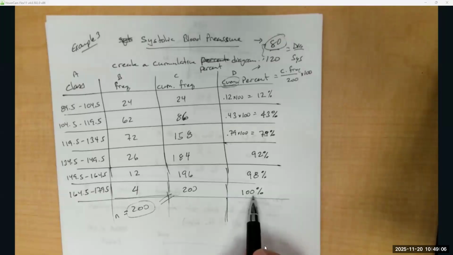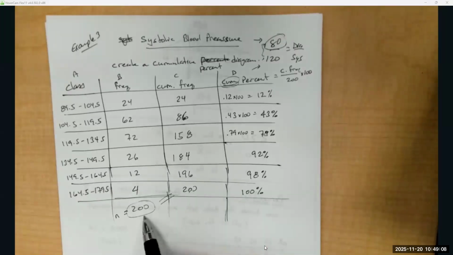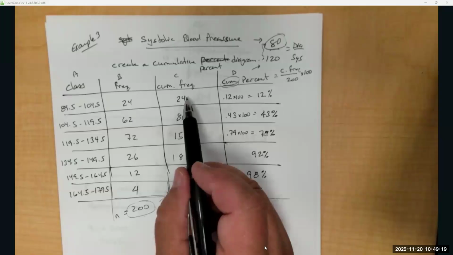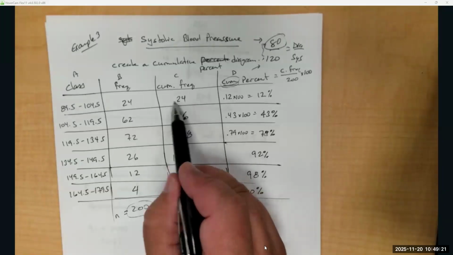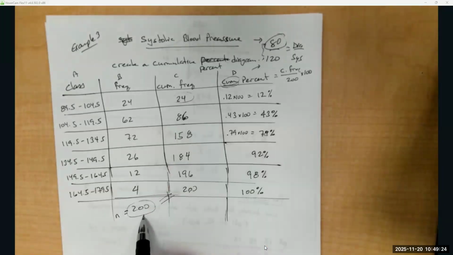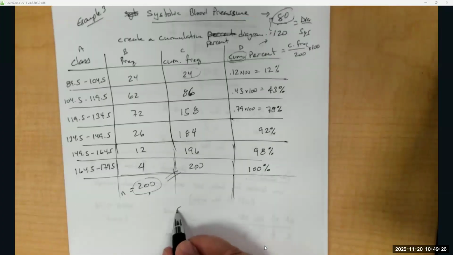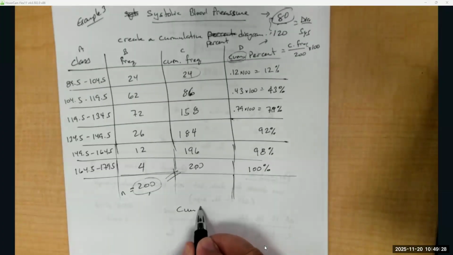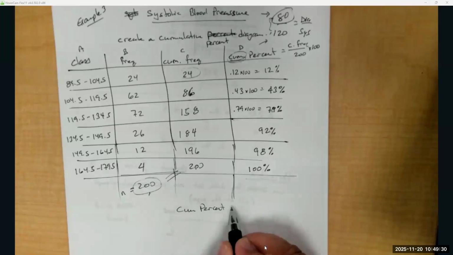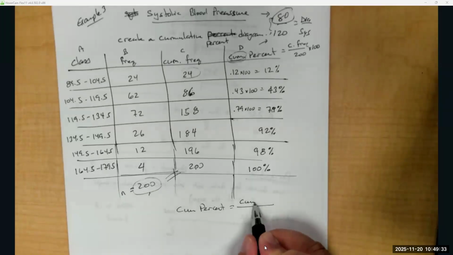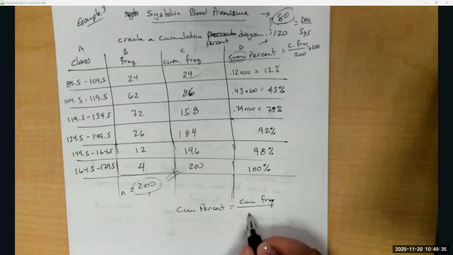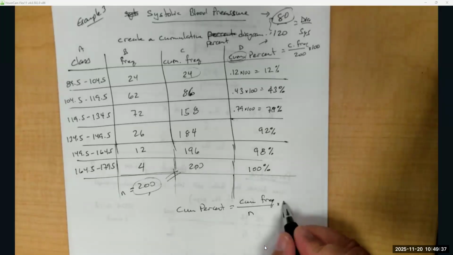Why is this 100%? 200 divided by 200 is 1, times 100. So the cumulative percent is the cumulative frequency divided by N, times 100.